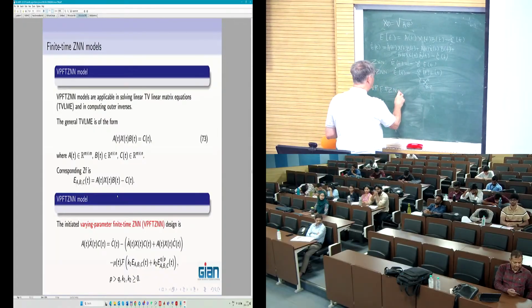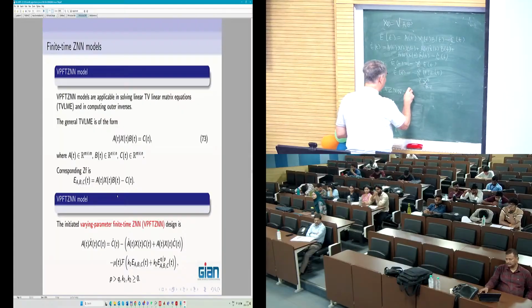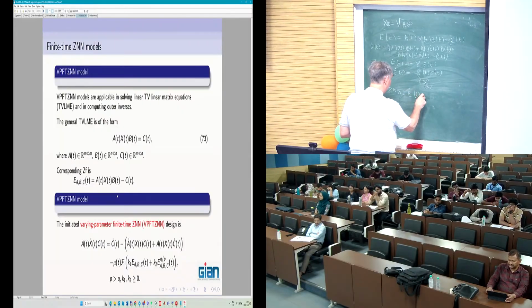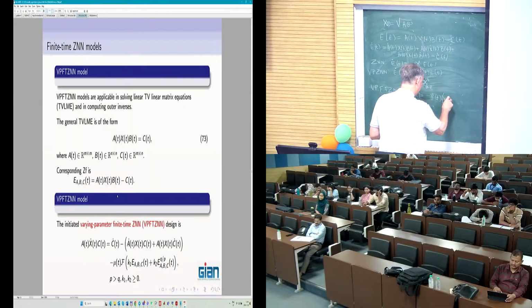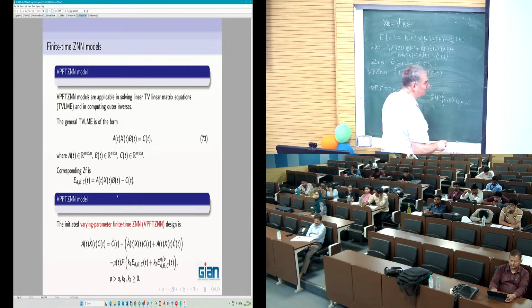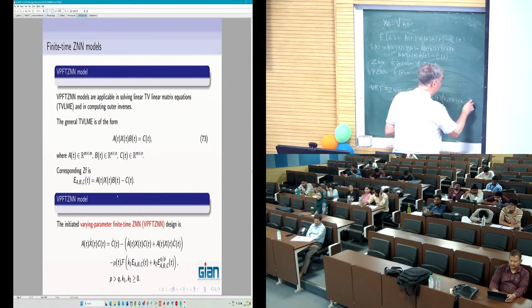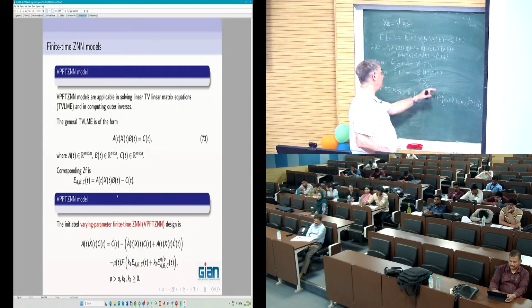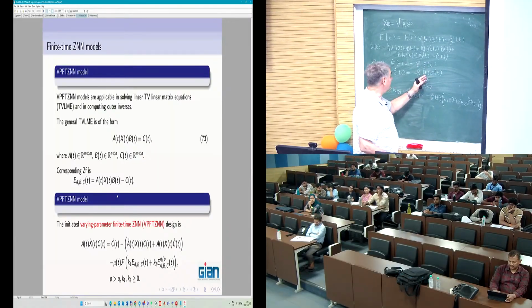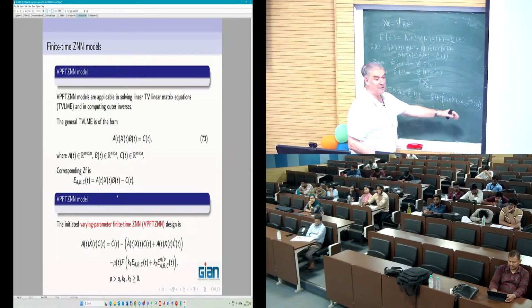We will have design E dot of t equals k1 e of t plus k2 e power q by p, or p by q, q by p. In any case, must be less than 1 of t. The only difference is in this form minus gamma e of t or minus gamma of t e of t or minus gamma, and then this expression.